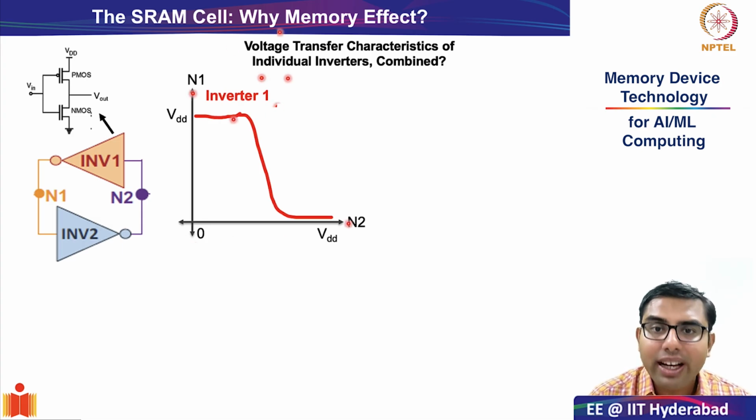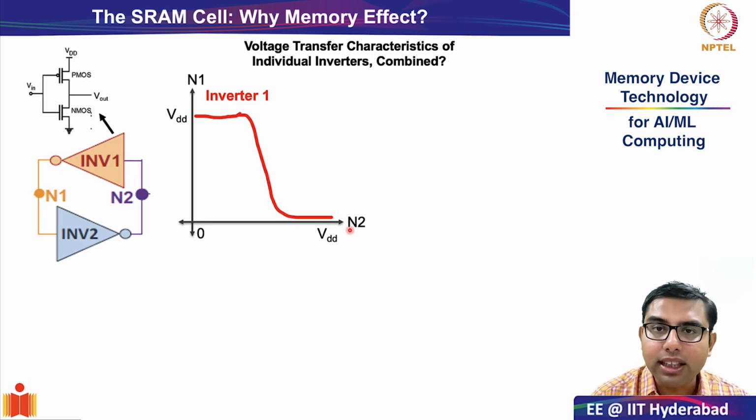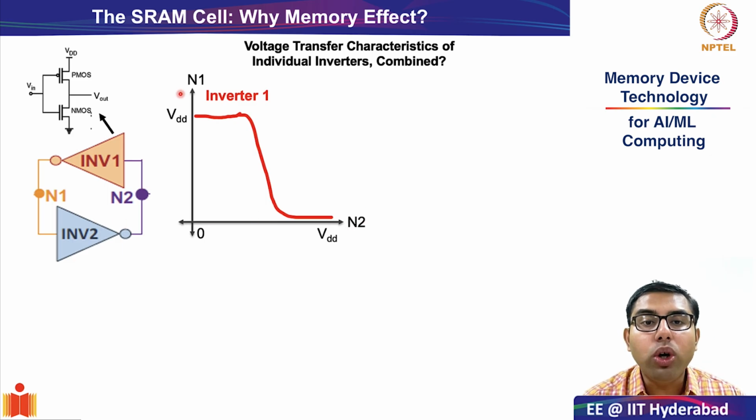First, let's consider inverter 1. For inverter 1, the input is node N2, and therefore I have placed N2 on the x-axis, and the output is node N1, and therefore I have placed N1 on the y-axis.